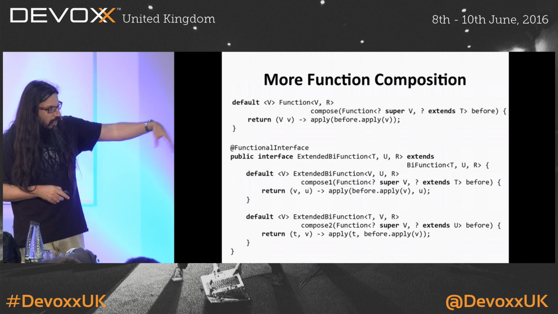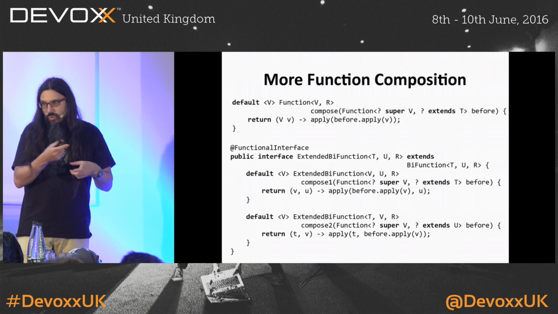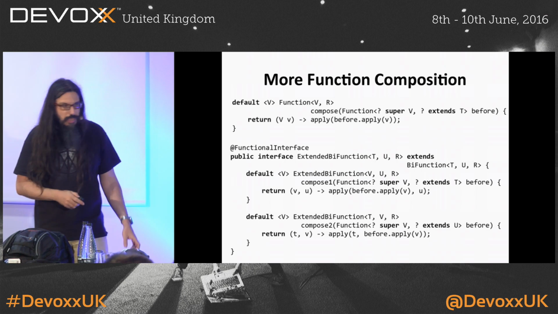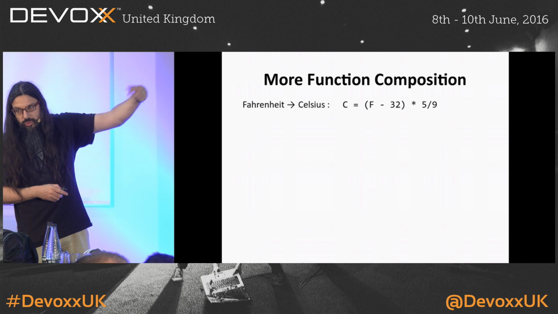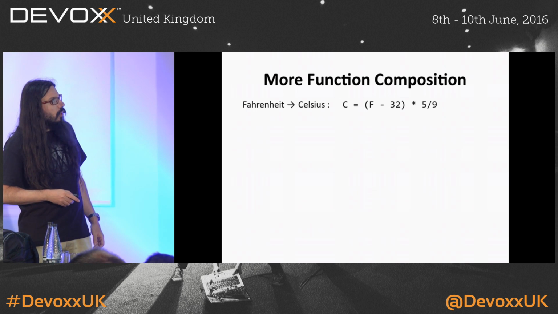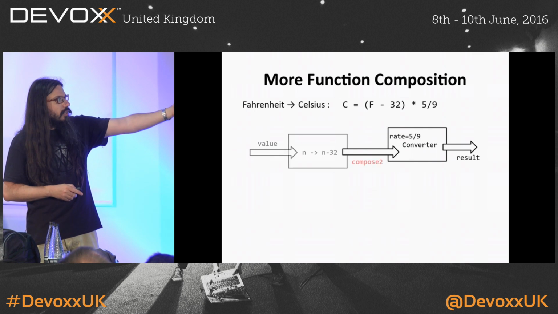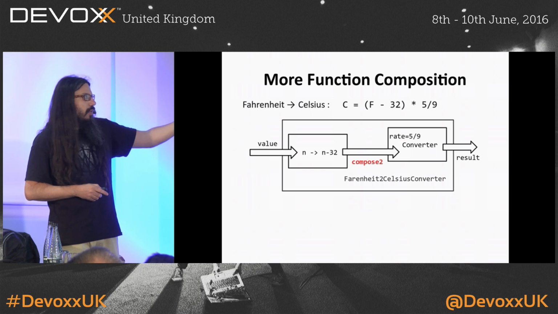I'm adding two more functions on that extended BiFunction. This is to compose the BiFunction because you don't have it in plain Java. And I am doing this because I want to do the reverse operation of the one before. So I have my converter, and before that I have to subtract 32 this time.